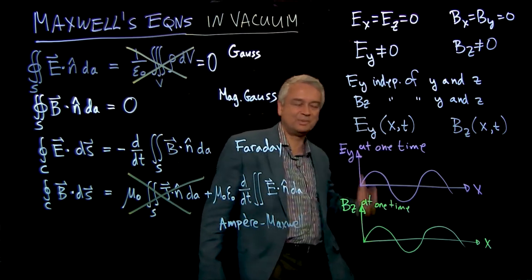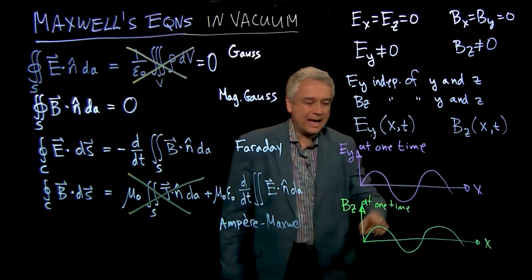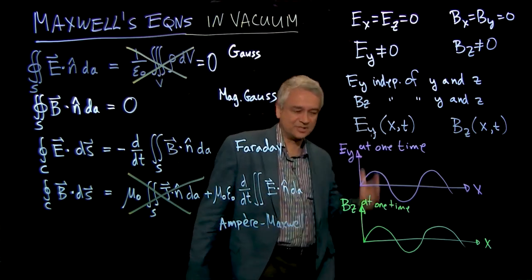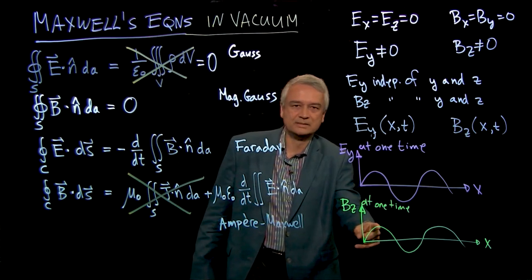And on this entire plane, EY has this positive value. And on the same plane that we were just talking about, because it's at the same value of x, BZ has whatever this value is.